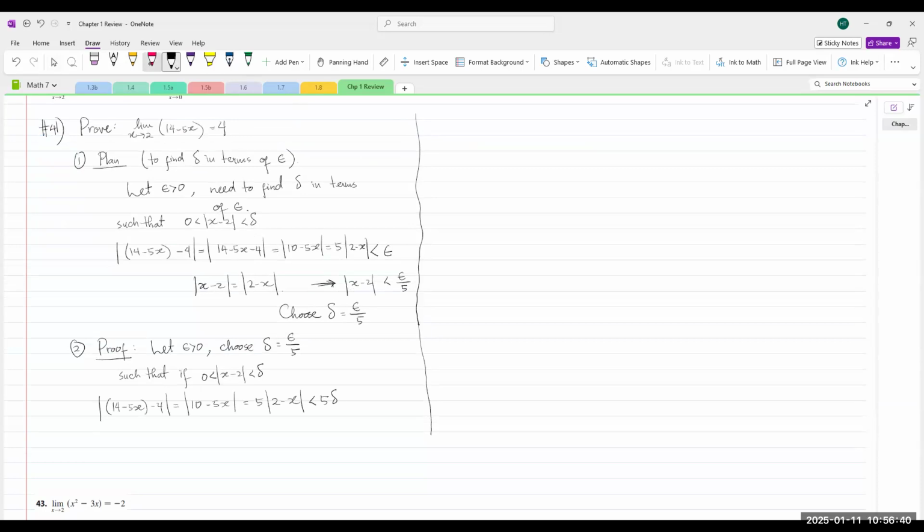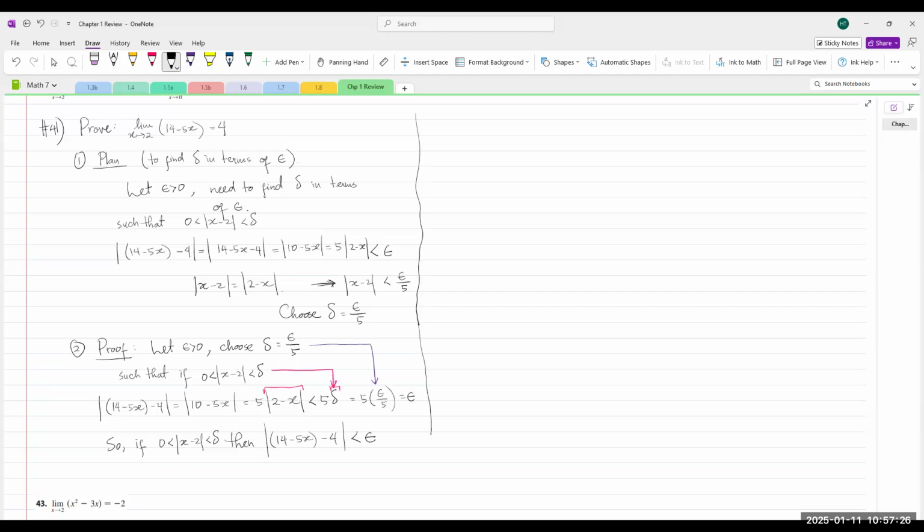That is according to the if here. But at the same time, according to our choice of delta, 5 times delta is 5 times epsilon over 5, which is epsilon. So we get: if the absolute value of x minus 2 is less than delta but not 0, then the absolute value of 14 minus 5x minus 4 is less than epsilon.